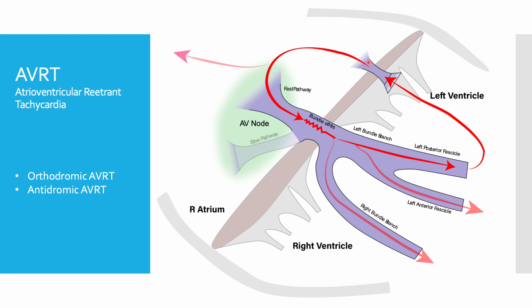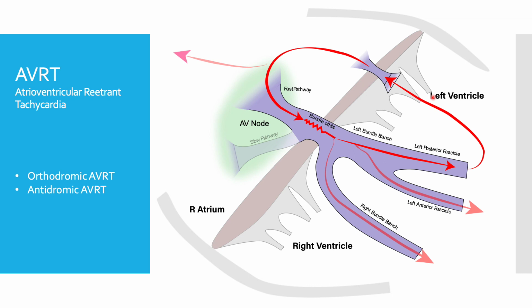Now, antidromic AVRT is characterized by the accessory pathway being the anterograde limb and the AV node being the retrograde limb. And these are often or almost always wide complex tachycardias because the accessory pathway usually inserts directly into the myocardium and does not use the His-Purkinje system of the ventricles to create a narrow QRS.